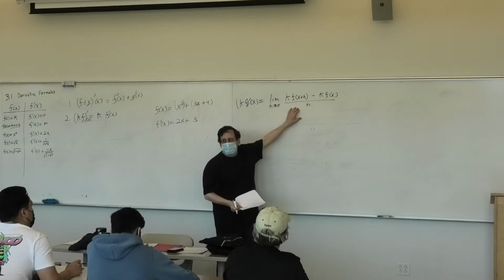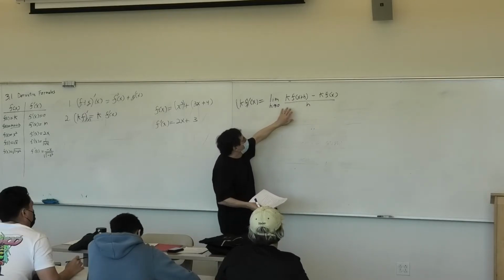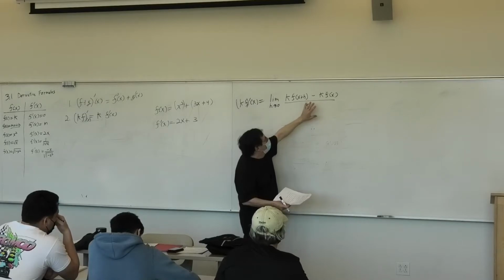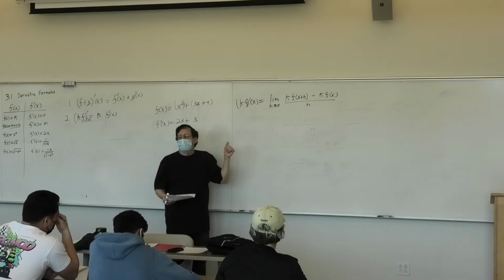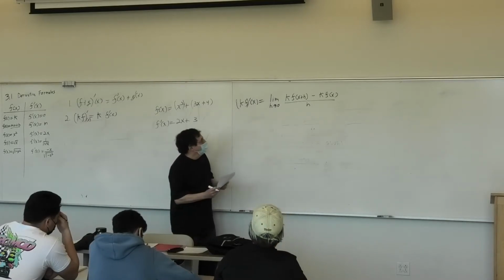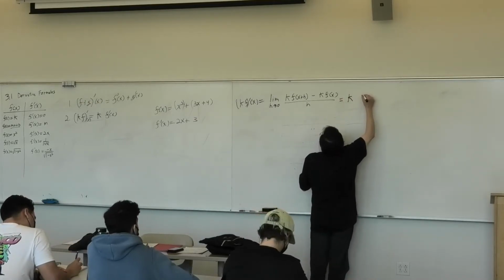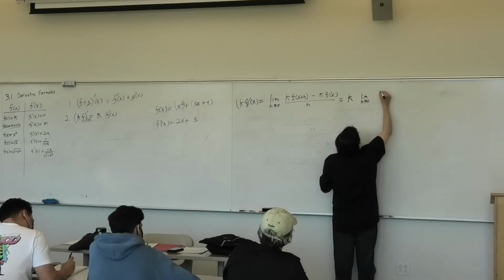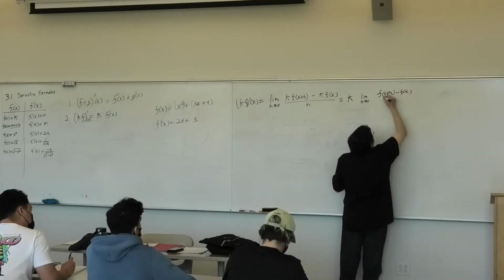But we recall that the limit of a constant times a function is just the constant times the limit of the function. So this is just k times the limit as h approaches 0 of f of x plus h minus f of x over h.